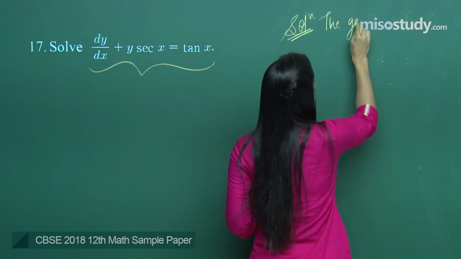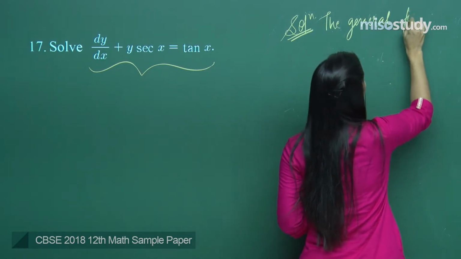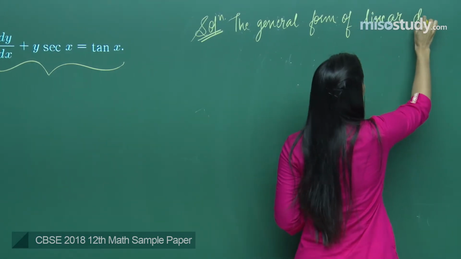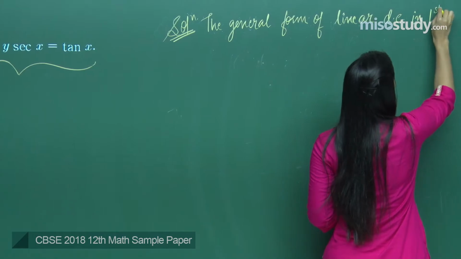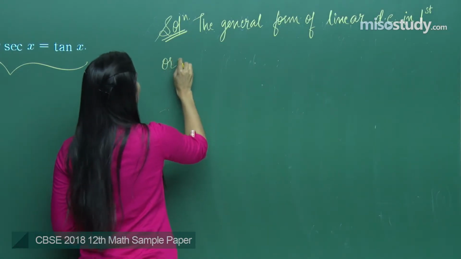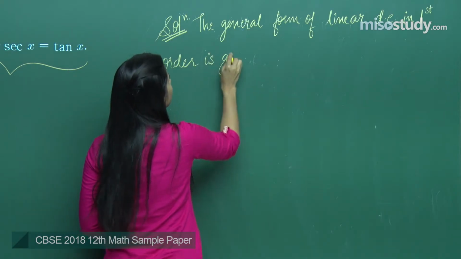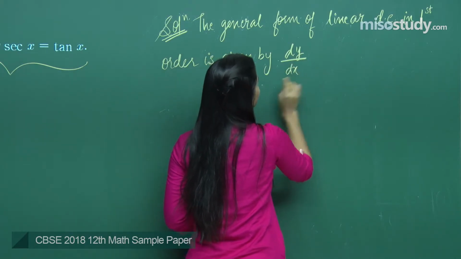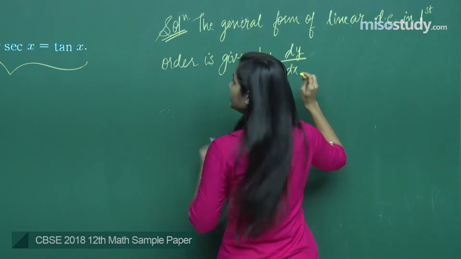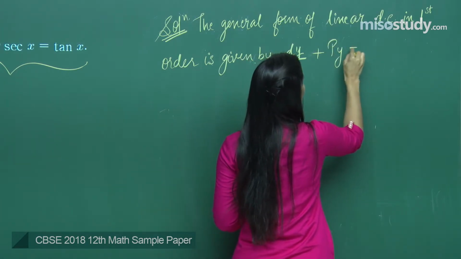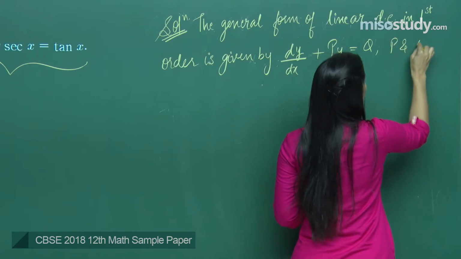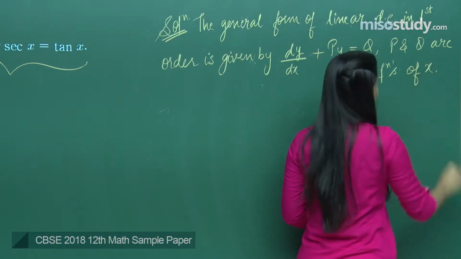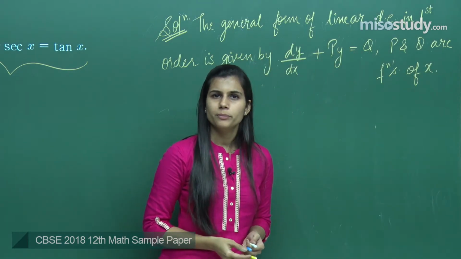The general form of linear differential equation in first order is given by dy by dx plus py equals q, where p and q are functions of x, or they can be constants as well, no problem.